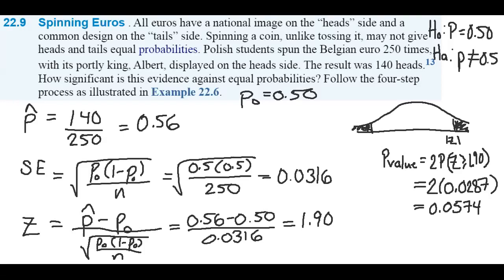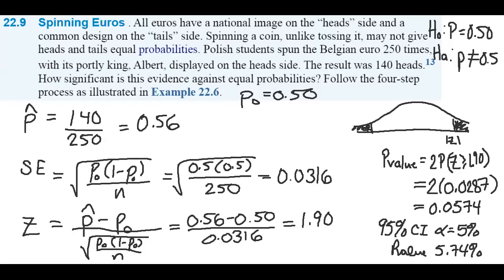Well, we haven't gotten into it, but even at a 95% confidence level, for example, alpha would be 5%. And we have a p-value of 5.74%.